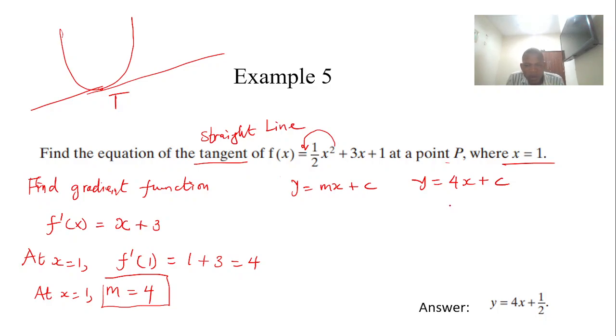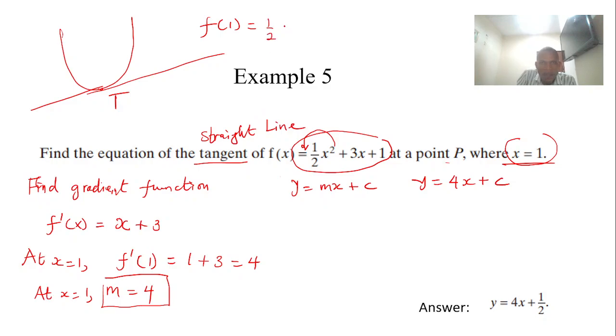Now for us to get the value of c, we have to use the point given to us. Don't forget, we are given a point s equal to 1 in the question. So I'm going to put that value, which means I have to find f of 1. Don't forget, f of x is the function. So plug in your values.